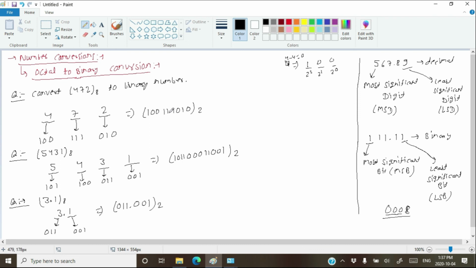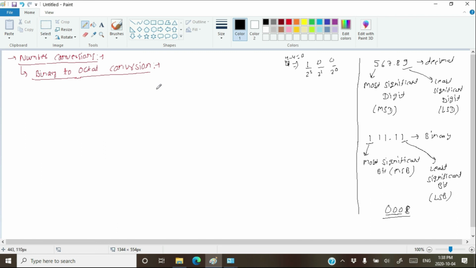Now let's see binary to octal conversion. Again, let's start with an example, and here it is 100, 111 and 010. Let's convert this binary to octal. What you have to do is write all the binary bits, start from the least significant side and collect 3 bits together.